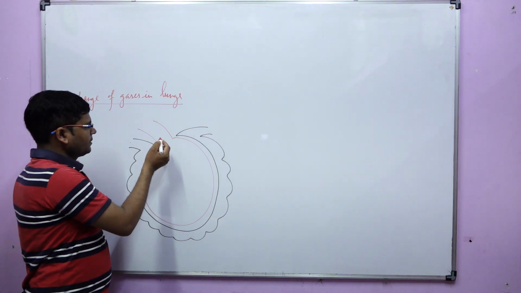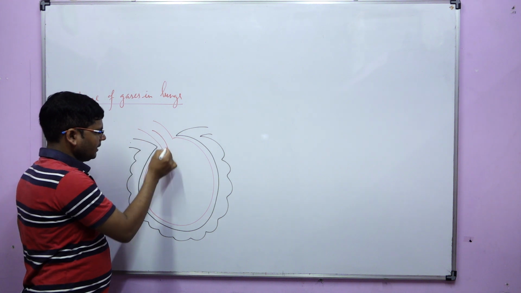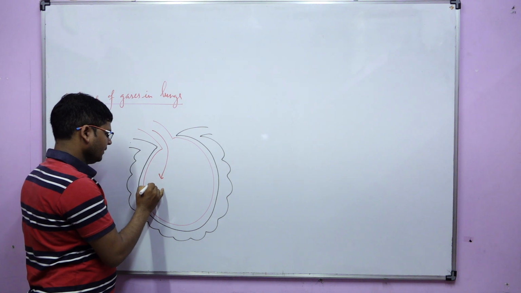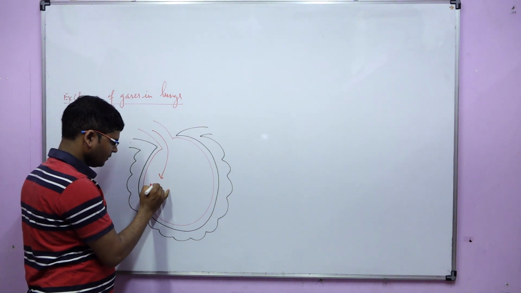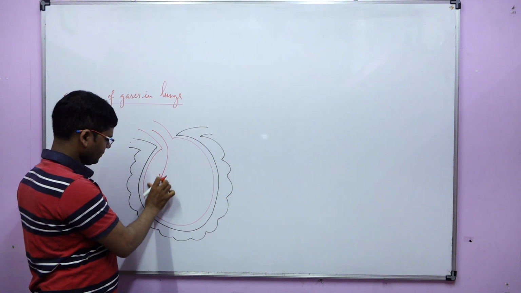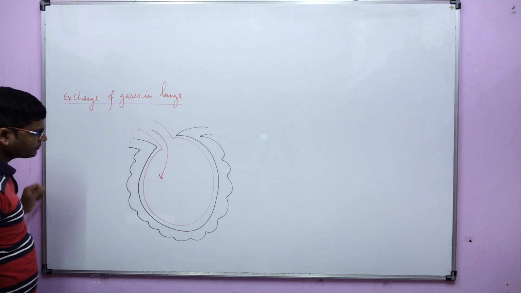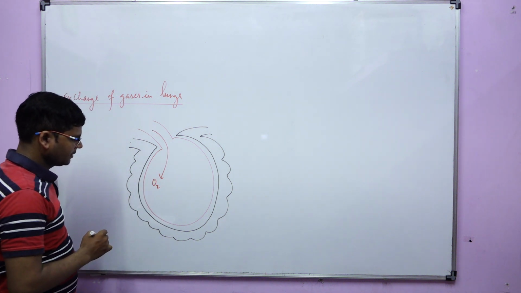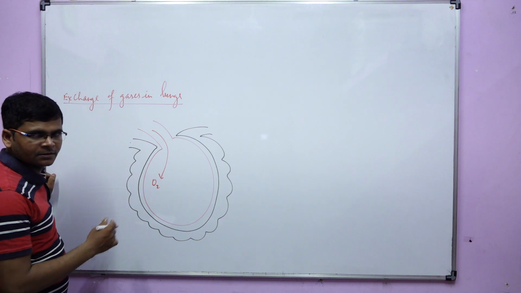The air which we inhale, there you will find partial pressure of oxygen is more. We will compare now. Percentage of oxygen is more, as we have studied just before a few minutes.